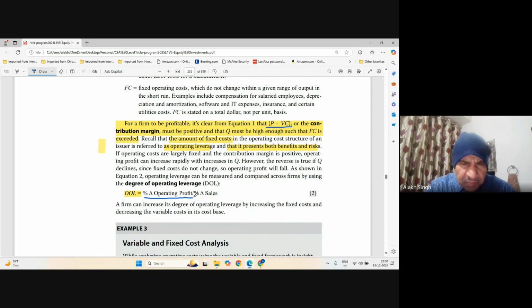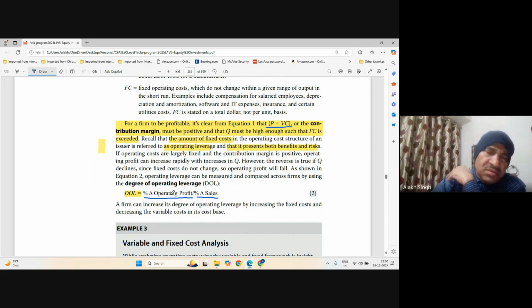Percentage change in operating profit divided by percentage change in sales. So it is not taking absolute, but percentage change, as the company increases. Means marginal. Okay, you can say marginal operating profit by marginal sales. That is what it is. Marginal operating profit, that is what you can say, because it is sales.